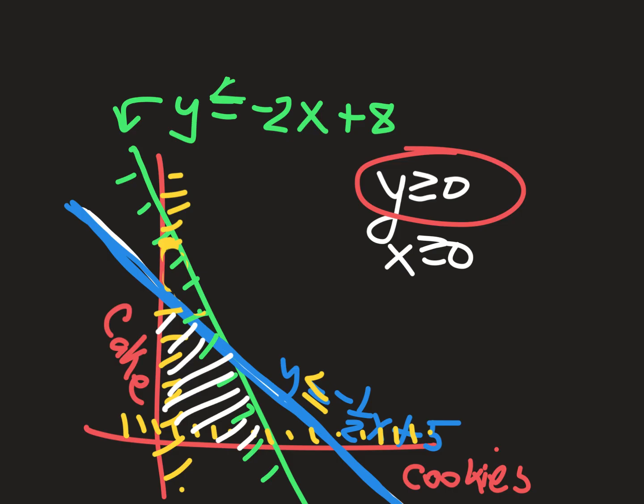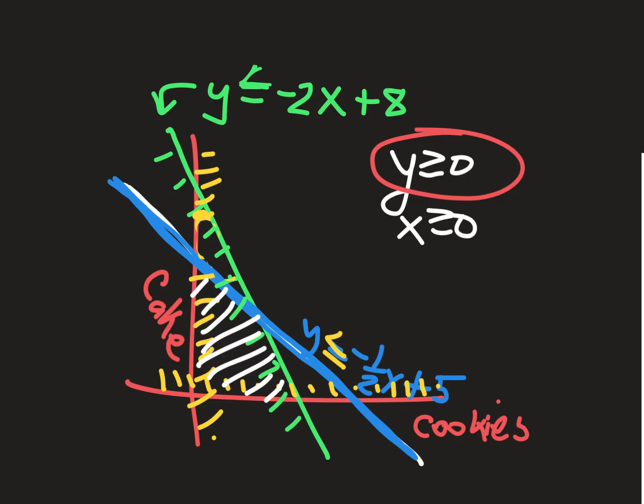All right, so let's talk about why this matters. The feasible region is where you're testing how much profit you might make. So if this is a bake sale and you're raising money for cancer research or something, and you bring it to your church, and people buy cookies and cakes, and you make $8 on selling a cake and you make $2 on selling cookies.